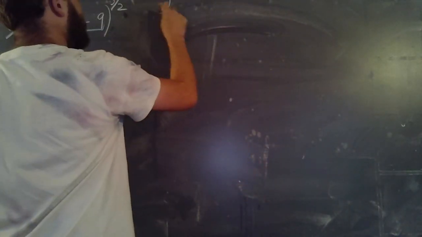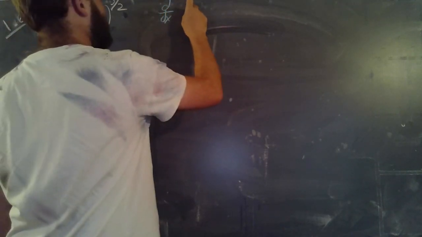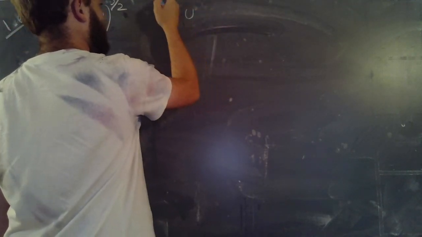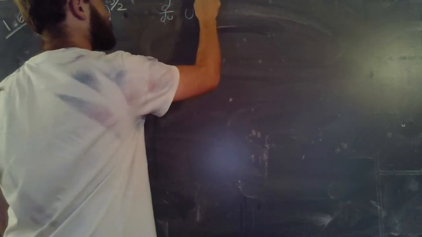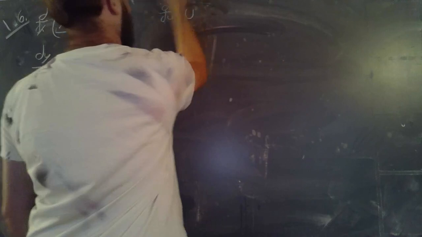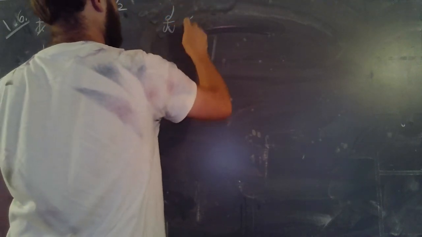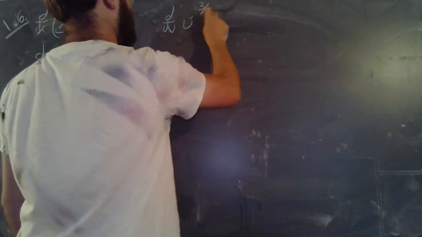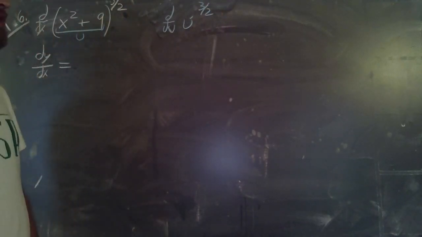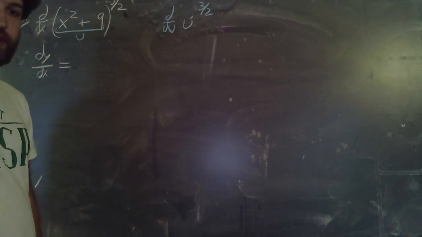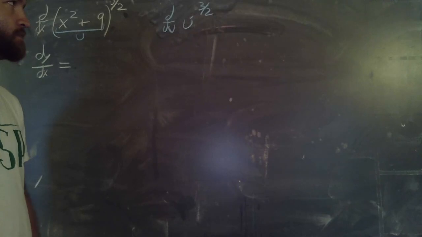In wishful thinking land, if this was just some variable to the 3/2 power, well then we have the general power rule for that, and we know how it works.